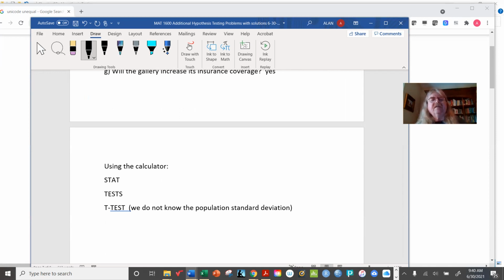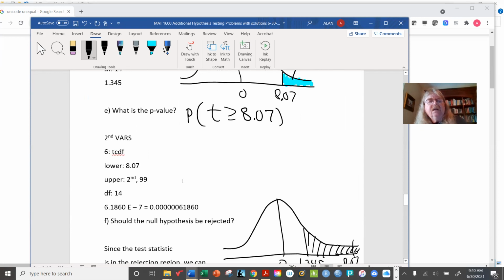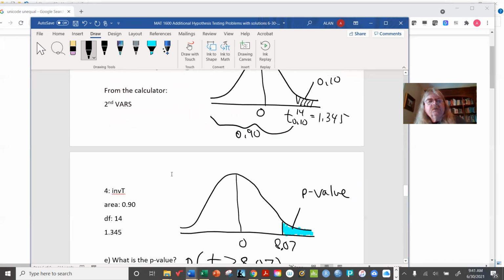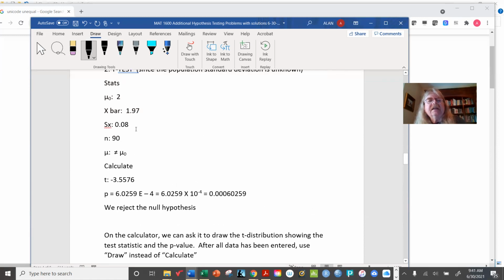Oh, and one more thing, we have to ask for stats. Okay, so we'll copy what I had up here. Yes, it's exactly like this. I just have to change the numbers.